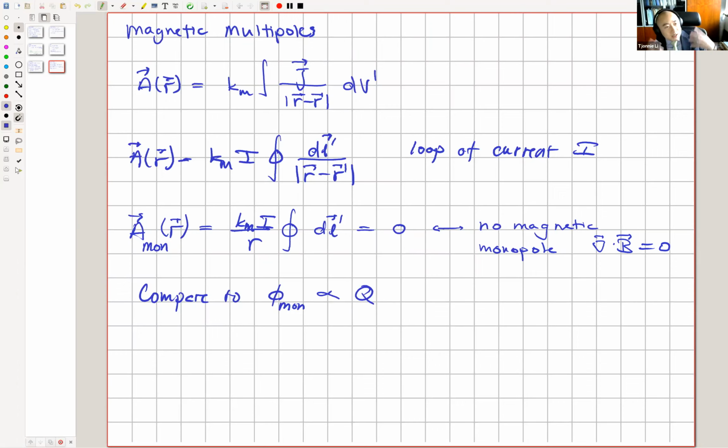Okay, so there is no magnetic charge, and so even just by comparing to the scalar potential results, we could have deduced that the monopole contribution to the vector potential ought to be 0.